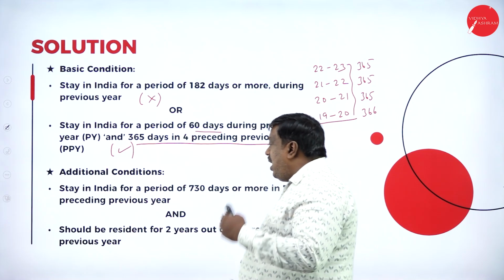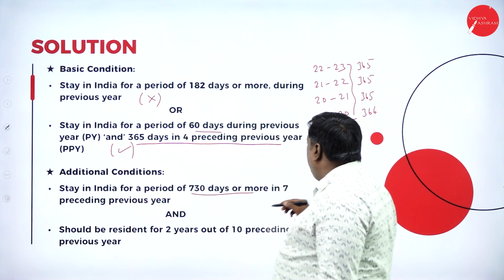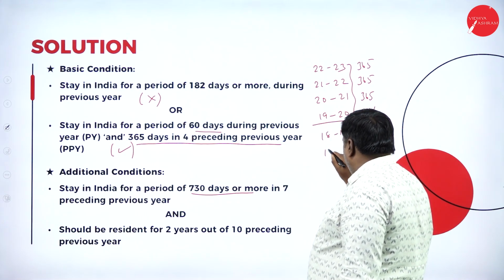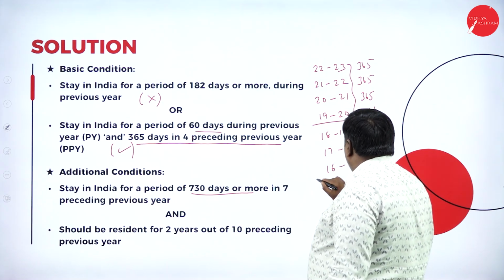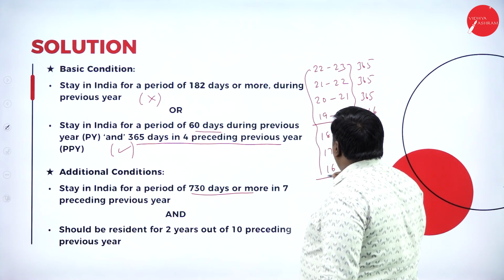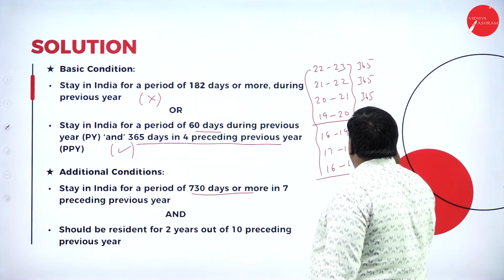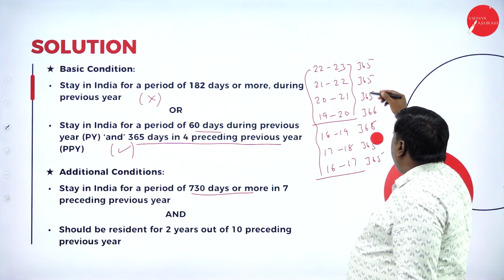What is the additional condition we have here? I should stay in India for 730 days or more during the 7 years, that is 18-19, 17-18 and 16-17. In this total of 7 years, I should be in India for 730 days. So I'm more than that, by 1 year.